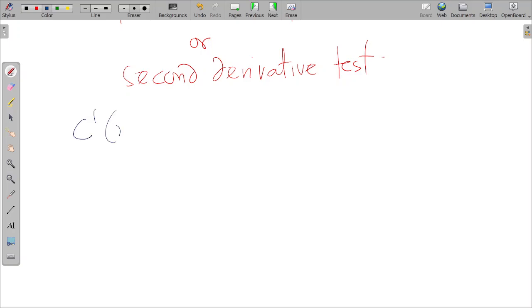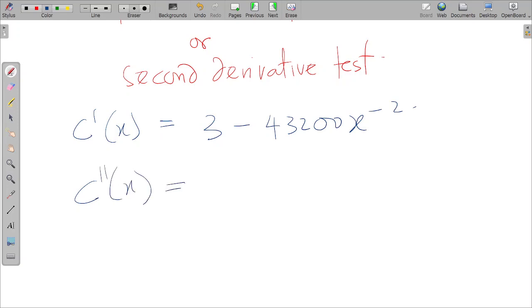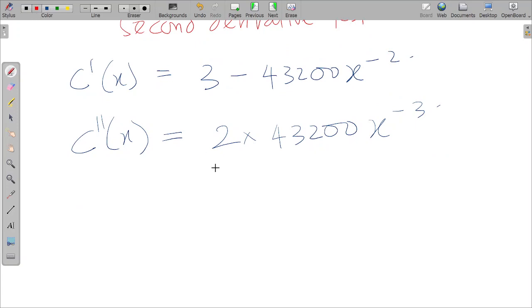So don't forget the first derivative is 3 minus 43200 x to the power of minus 2. Now I want to derive this the second time. Deriving this will give us 0, and this will give us plus 2 multiplied by 43200 x to the power of minus 3. That is the second derivative. So this will now give us 86400 all over x raised to power 3.